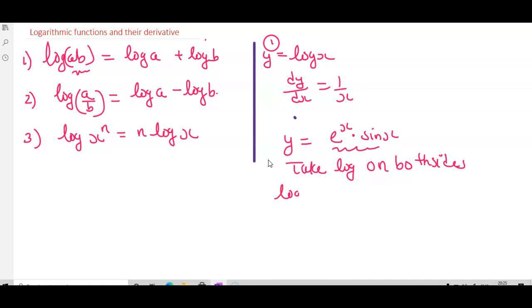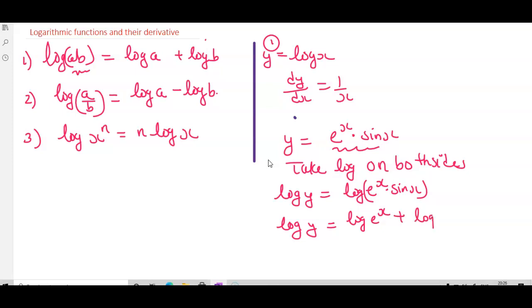That will be log of y equals log of e to the power x into sine x. Now it is log y equals log e to the power x plus log sine x, because here I am using the formula from equation first.